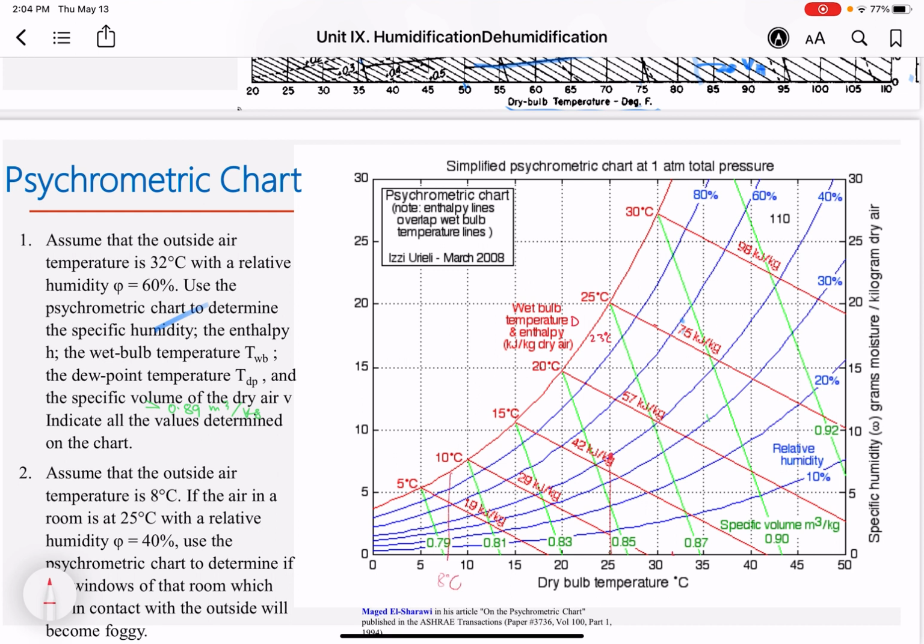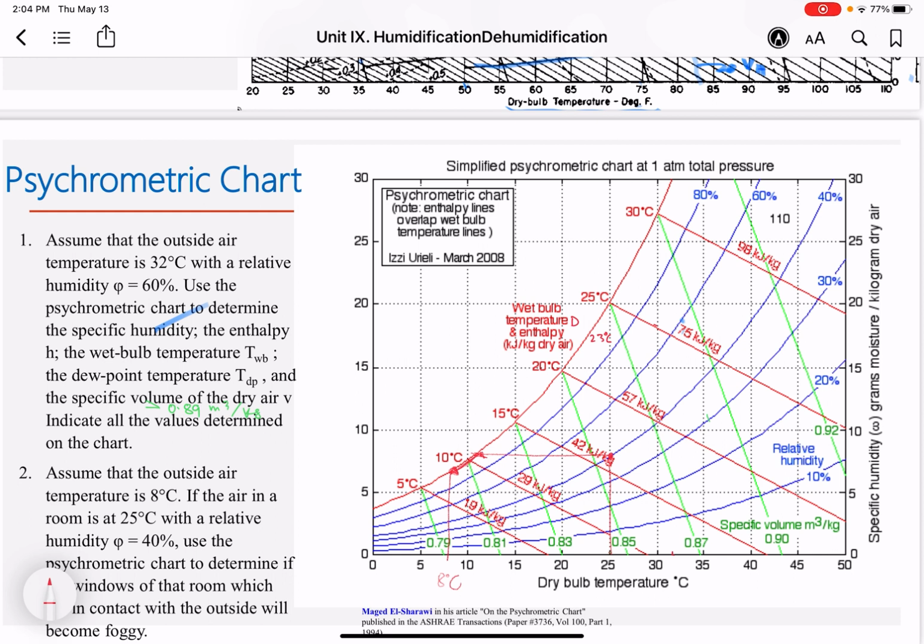We are to determine if there's fog. If I am to project this one, you would notice that the temperature is slightly higher than 10 degrees. So at that point, the water vapor condenses up to the time that it will reach the 8 degrees Celsius. So it will condense because the outside air is given at 8 degrees. So slightly 10 degrees higher, magko-condense siya.